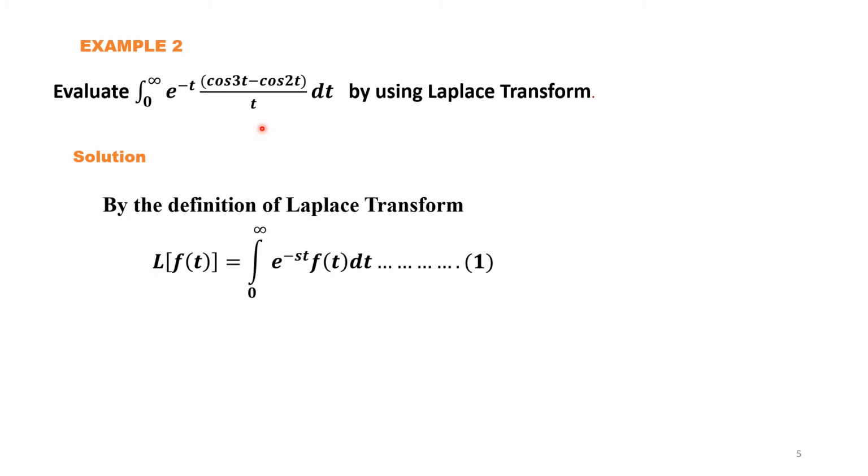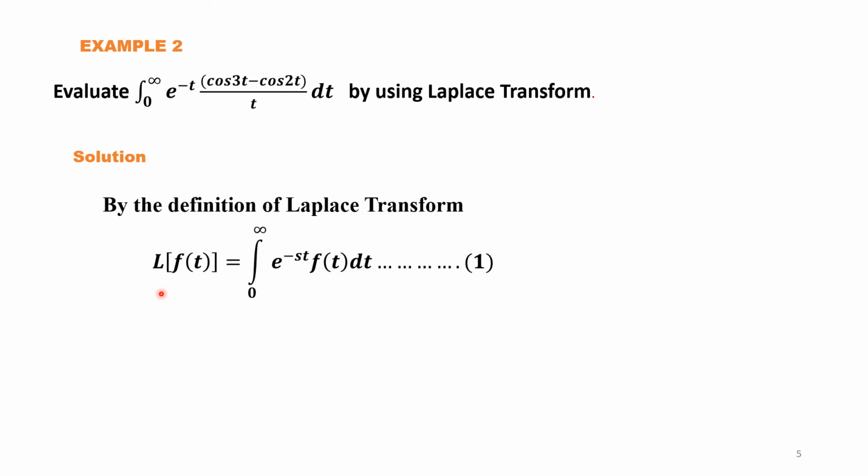So we are going to compare this integral with the right hand side part of the definition of Laplace transform. So comparing these two, we are not given L, we are given this part. So we have to write this integral in terms of L.